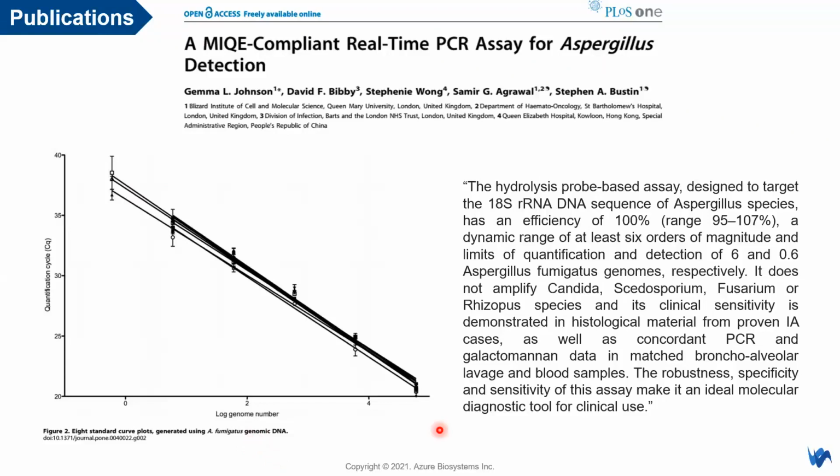You can see in the text here, the hydrolysis probe-based assay was designed to target the 18S ribosomal RNA DNA sequence of the Aspergillus species and has an efficiency of 100%. They claim 100% because all 8 standard curves have a range of 95 to 107% efficiency, covering a dynamic range of at least 6 orders of magnitude. 6 orders means six zeros.